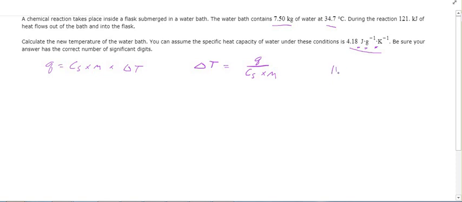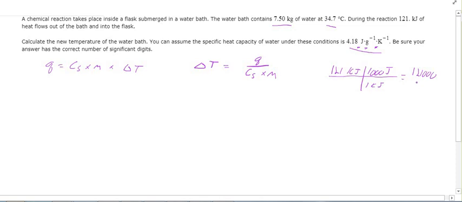I need that in joules, and I know that in 1 kilojoule there are 1,000 joules. So if I do that math, I have 121,000 joules. That's going to be my Q with 3 sig figs.